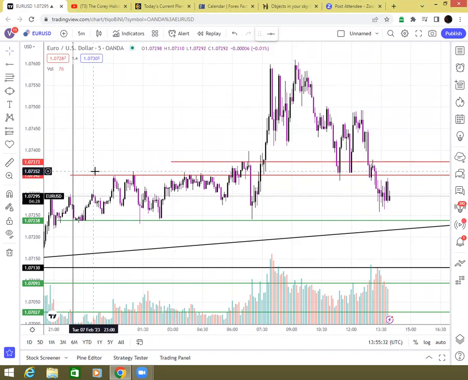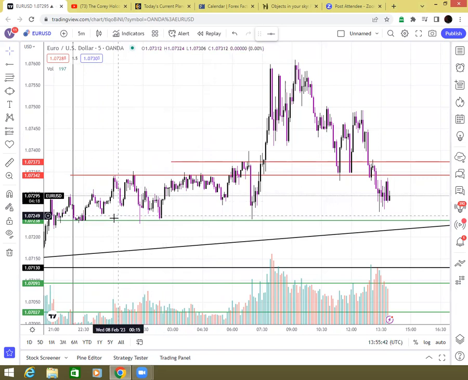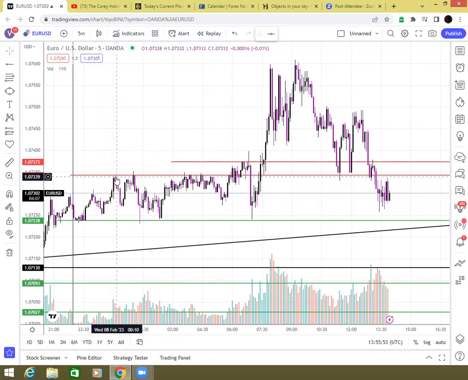All right, I just want y'all to walk with me on the situation right here. So we have the support area, and we go up, we get a swing low, and we go up, and we get a high.